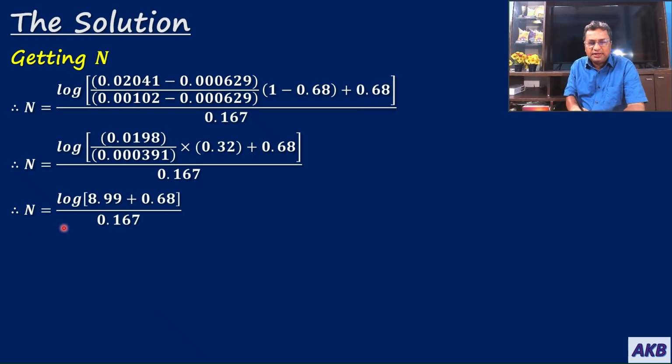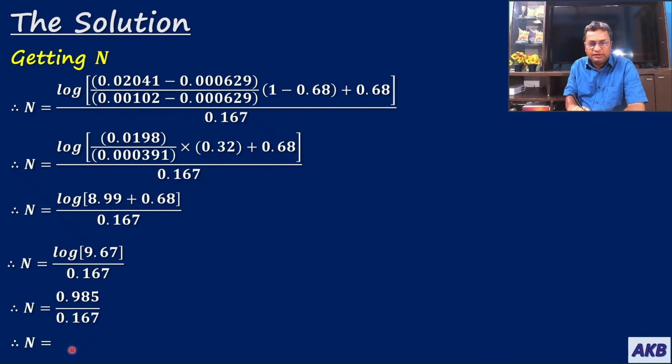That gives us N as log of, this entire term is 8.99, plus 0.68, divided by 0.167. So N is log of 9.67 divided by 0.167. That gives us 0.985 divided by 0.167, and finally you get N as 5.98.